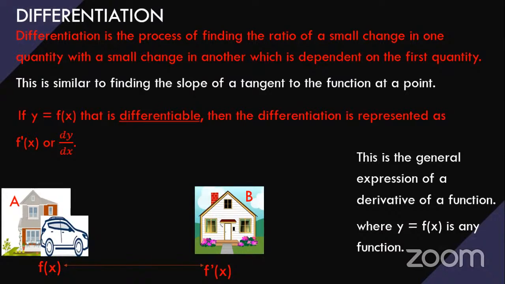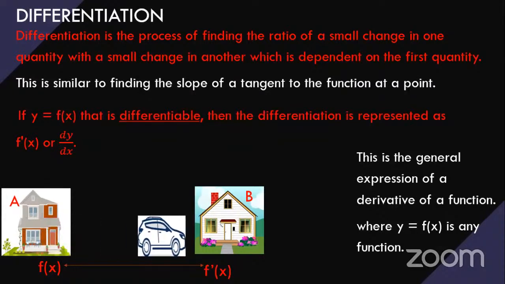That is why we have the diagram of a car standing at house A, and the car wants to make a move or a journey from A to B. So when the car makes this move from A to B, we can say the car has made a derivation.